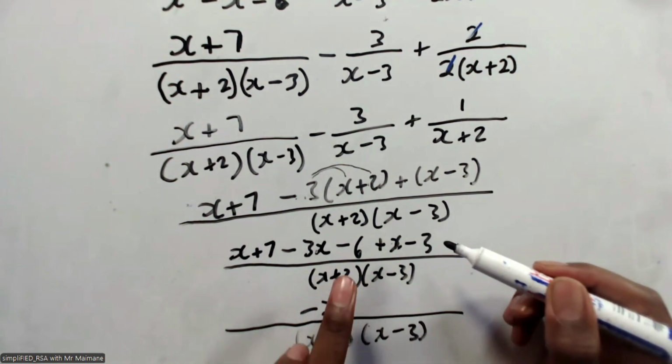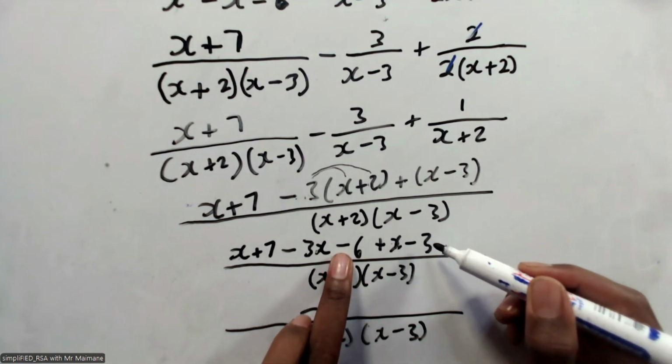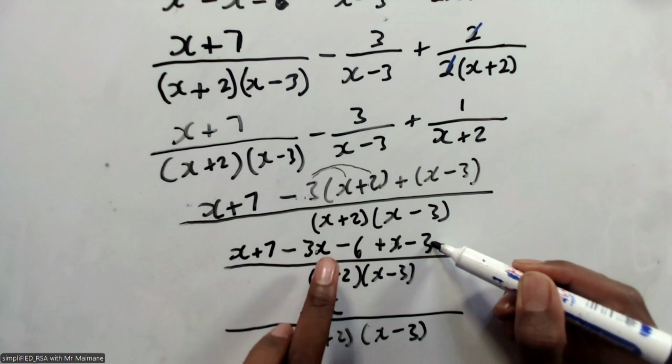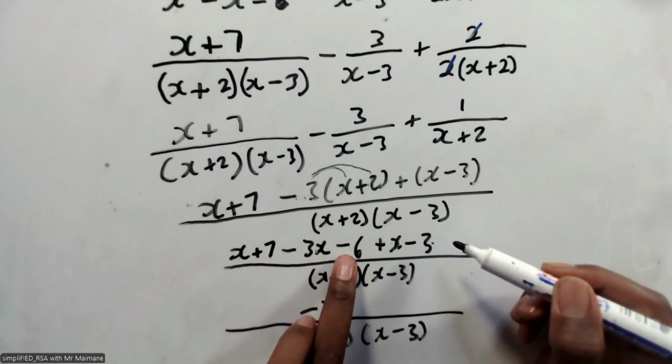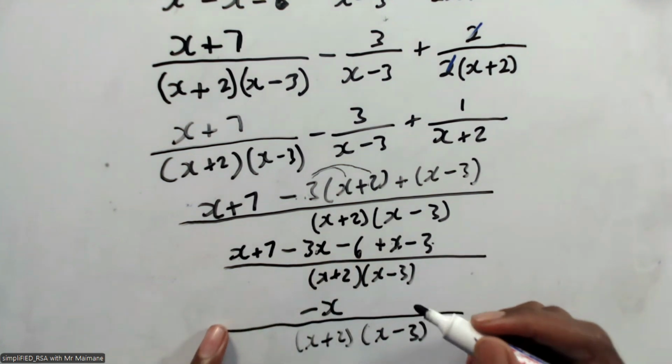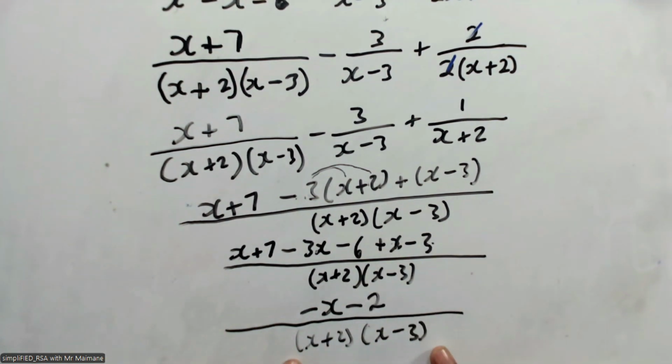And looking at the other one also, I have minus 6 minus 3 plus 7. So 7 minus 6 is going to be 1. 1 minus 3 will give me minus 2. So this is what I have now. I have minus x minus 2 over x plus 2 into x minus 3.